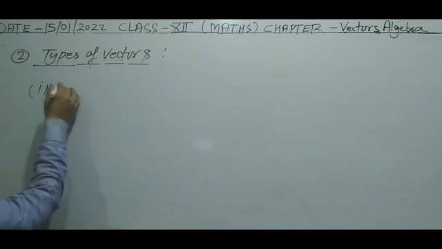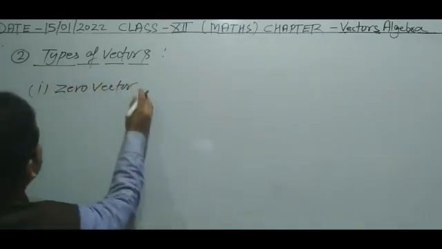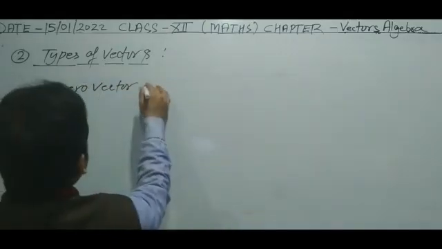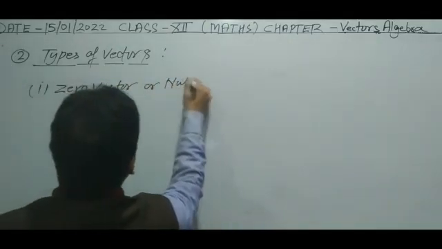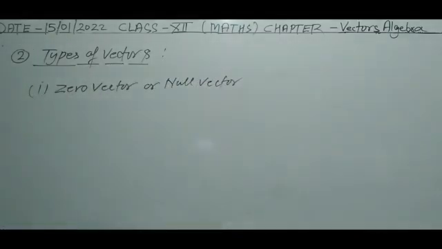The first type is the zero vector or null vector. A zero vector or null vector is a vector whose magnitude is 0, a vector whose terminal and initial points coincide.